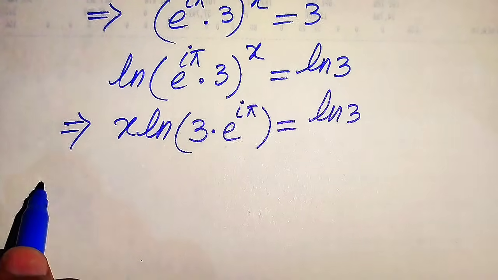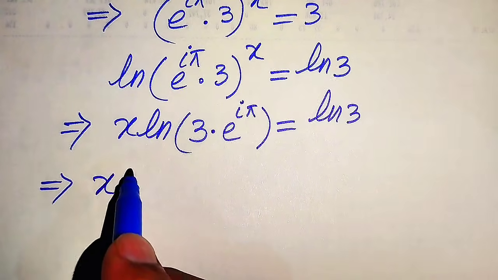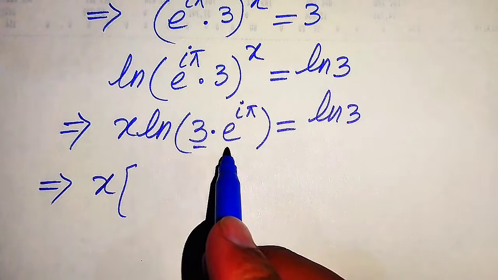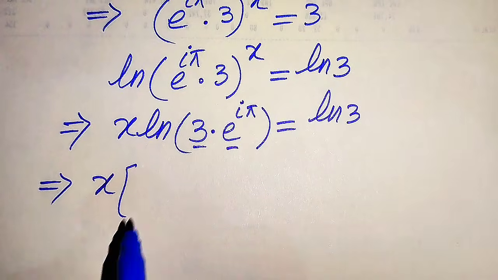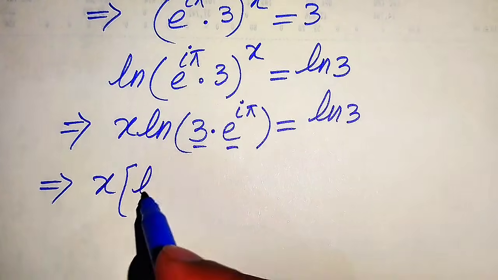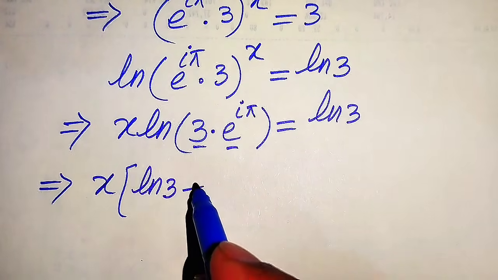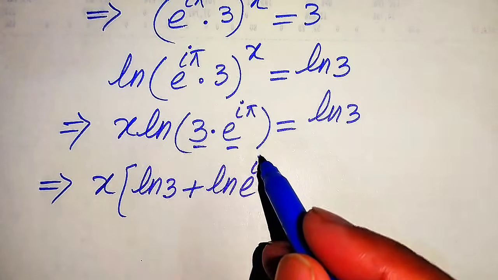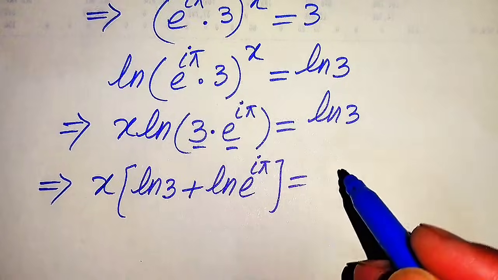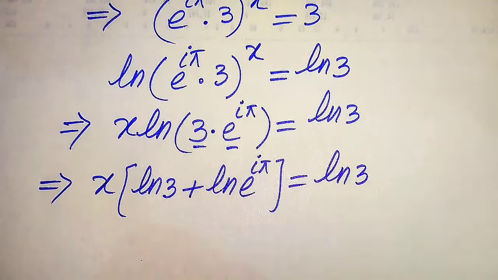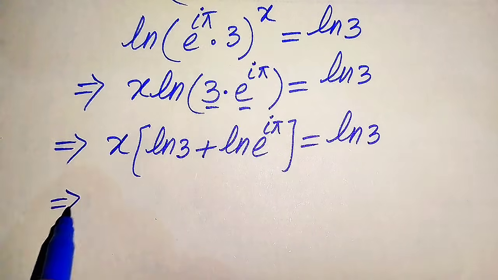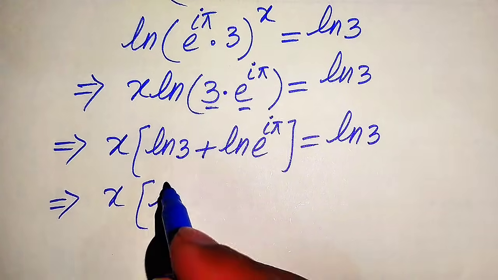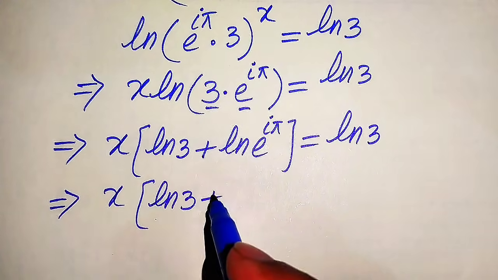Now we use another property of log. Inside the log these two values are multiplied by each other, so we apply the log separately on both values and write a plus sign: log of 3 plus log of e^(iota pi), all multiplied by x, is equal to log of 3. Because our target is to get the value of x, we need more simplification.